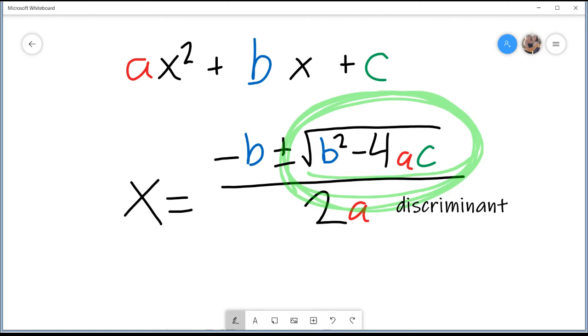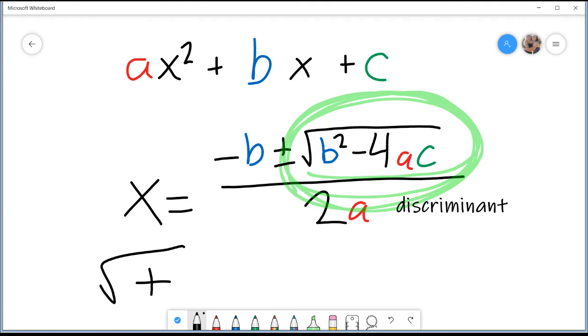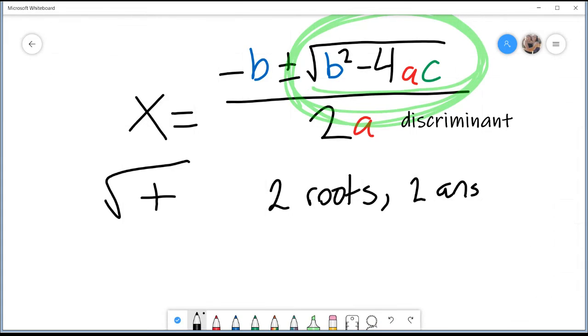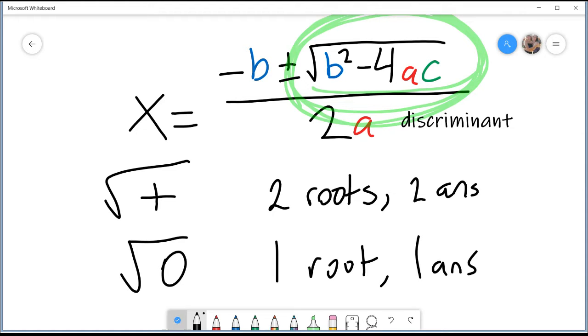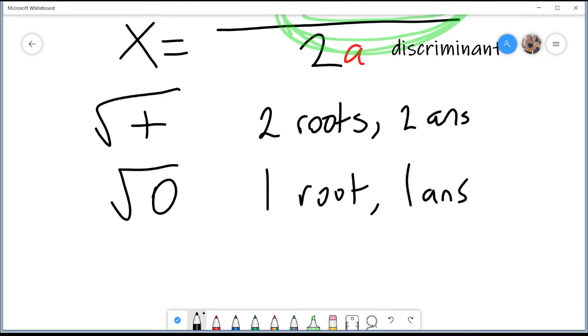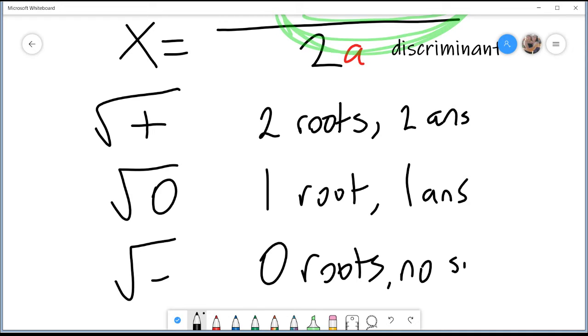If what's inside the square root is a positive number, you have two roots, or two answers. If what's inside the square root is 0, you have one root, or one answer. Lastly, if what's inside the square root is negative, you have 0 roots, or no solution.